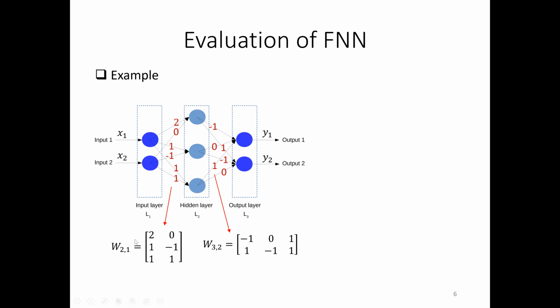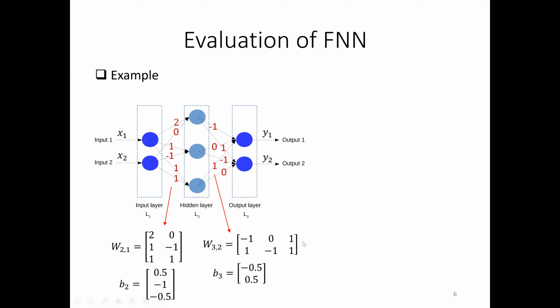So we have W_2,1, which is the connection between the hidden layer and the input layer, and W_3,2, which is the connection between the output layer and the hidden layer. From these weights you can construct these matrices.